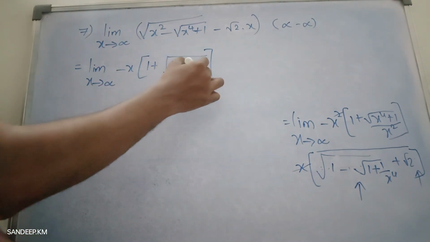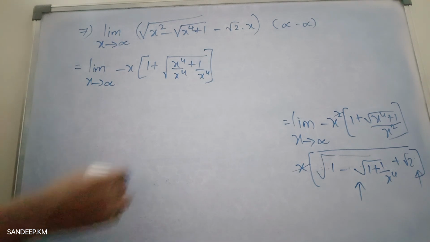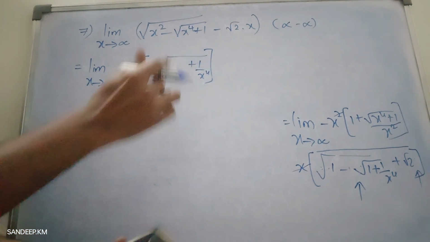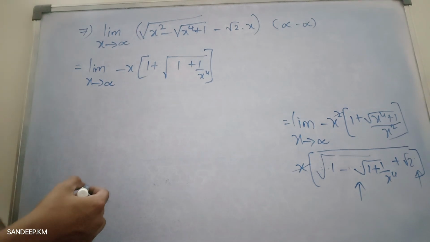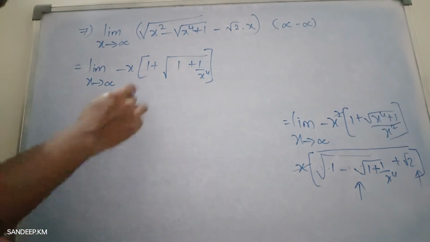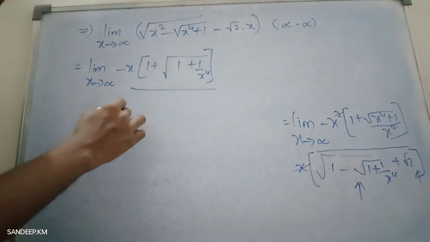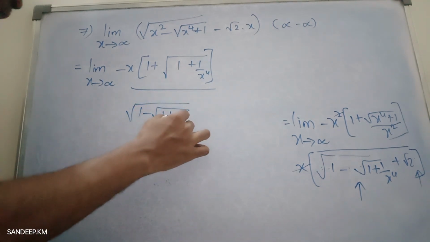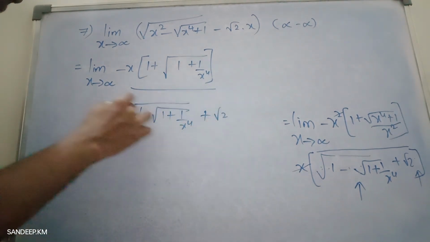Divided by x power 4 divided by x power 4. And x power 4 by x power 4 will become 1. This is what happens in the numerator. You can note down step by step. In denominator, what do we have? Under root of 1 minus root over 1 plus 1 by x power 4 plus root 2.